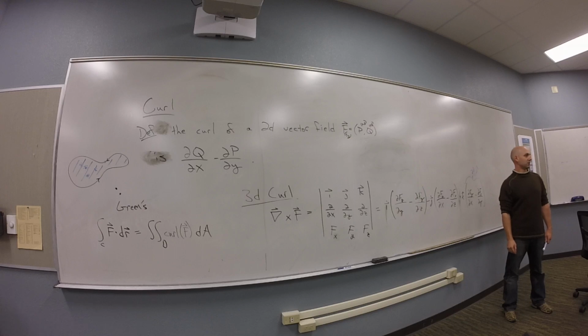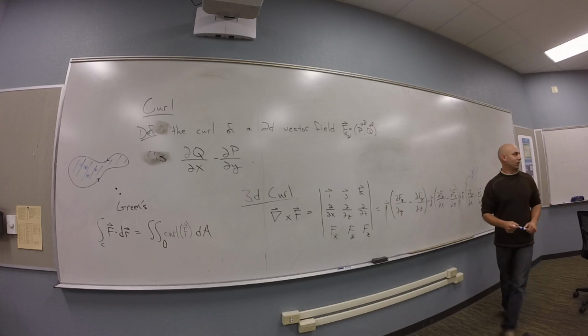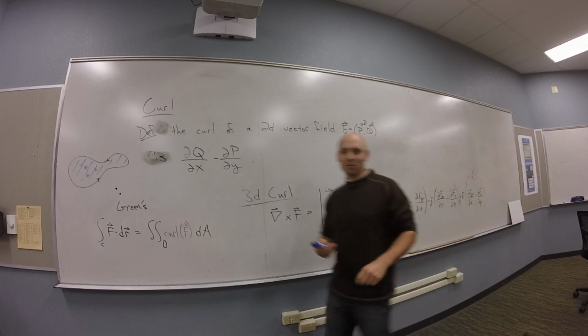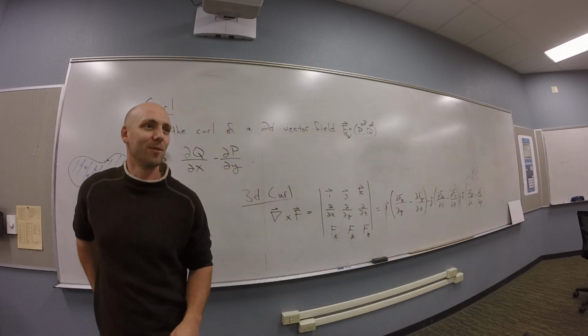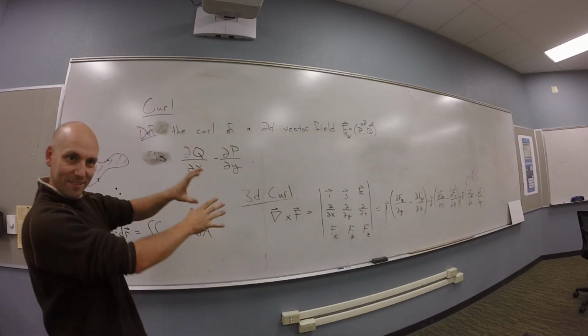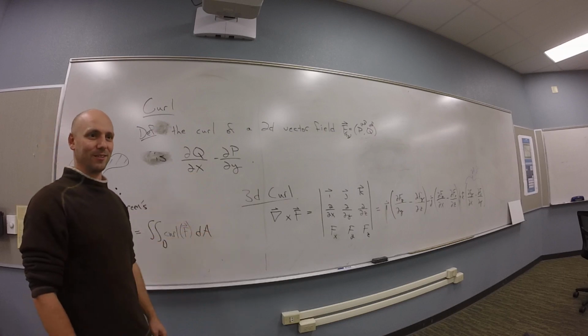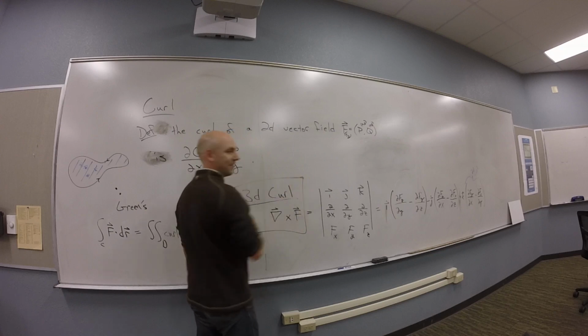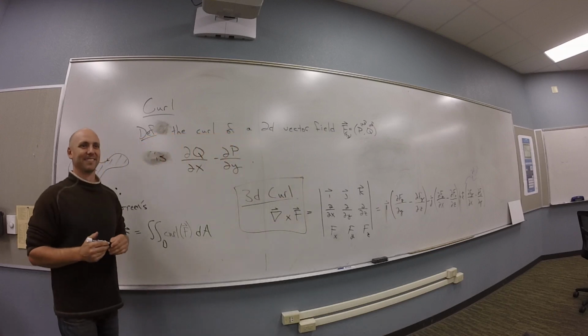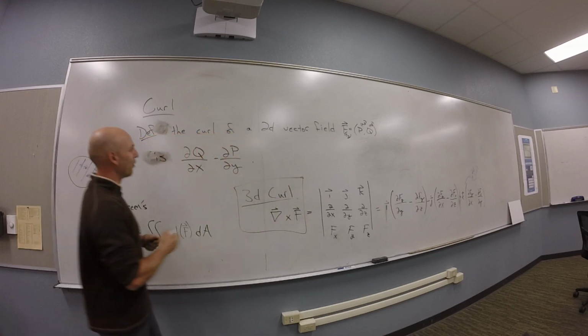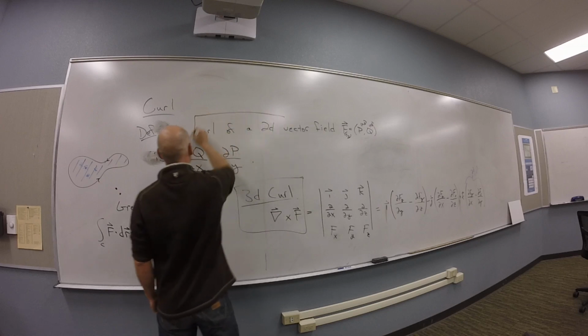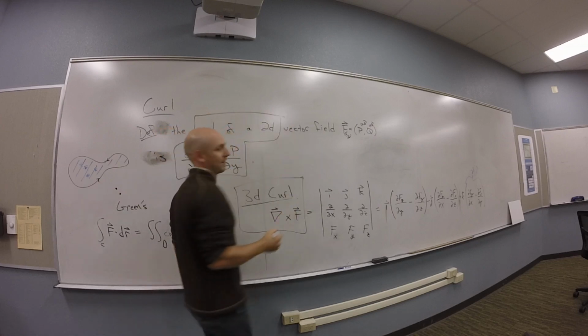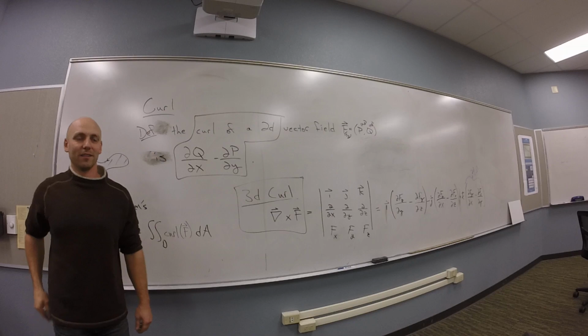Okay, good with this? Not really with the idea of having to compute these, but with the idea. Okay. Put this part in your head. Cool? And put this part in your head. Because there's a cool thing.